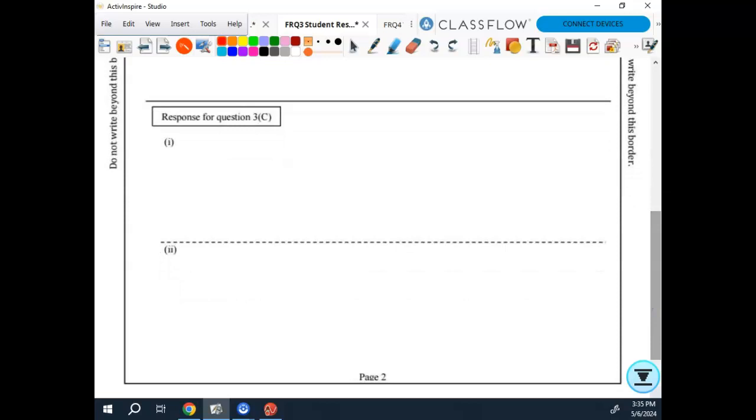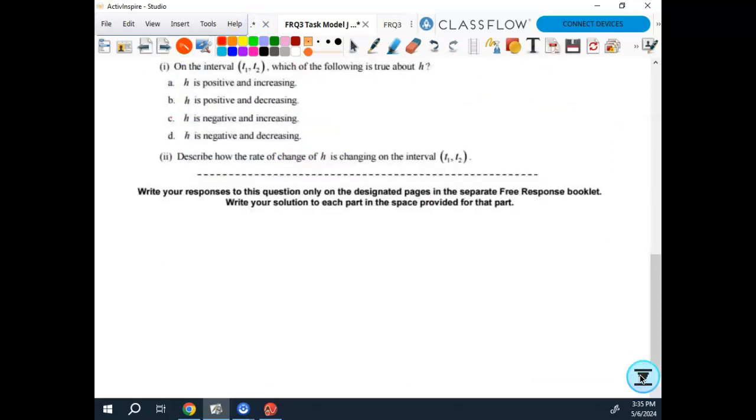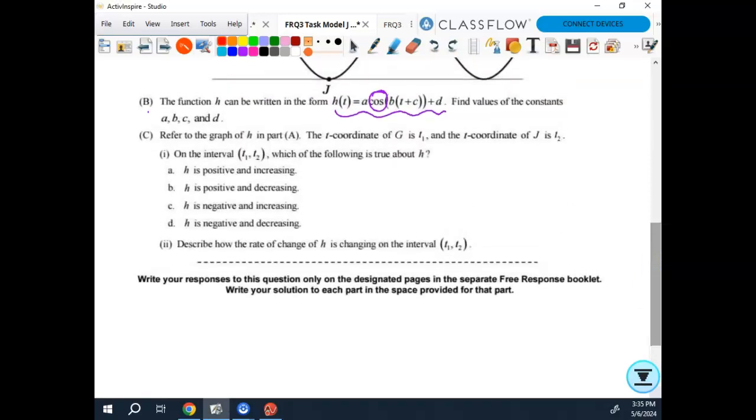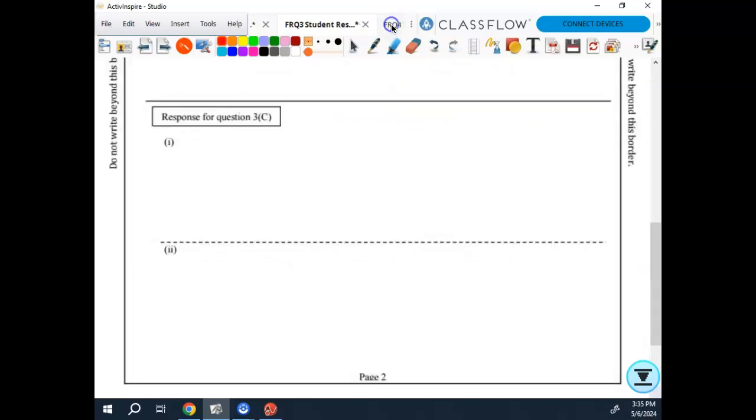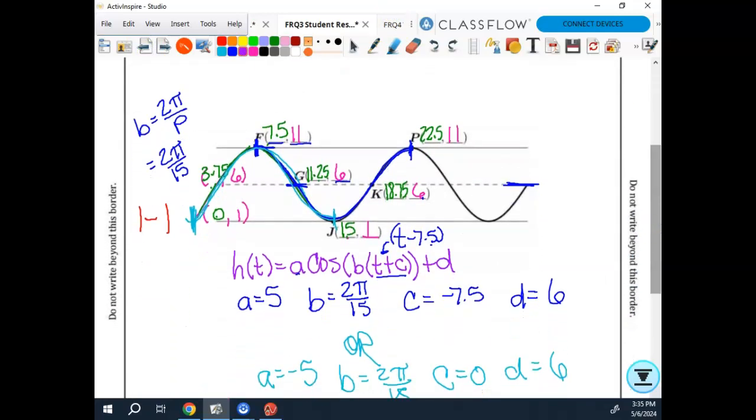Now, 3C says on the interval from T1 to T2, which of the following is true about H? Let's figure out T1 to T2. It's telling you we're going from G to J. So let me go back over here and look at this, from G to J right here.